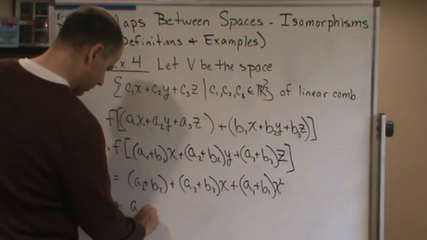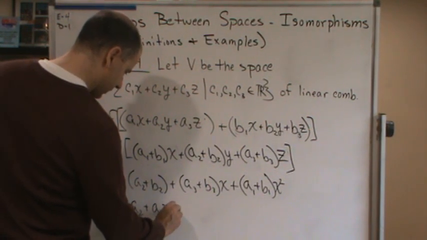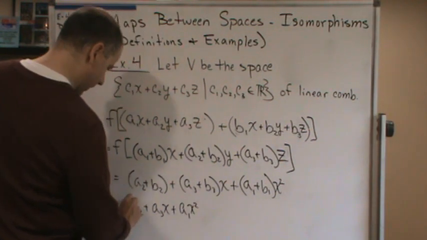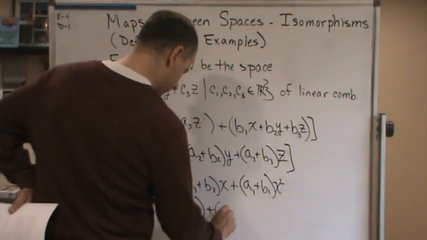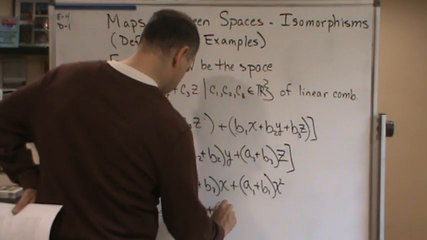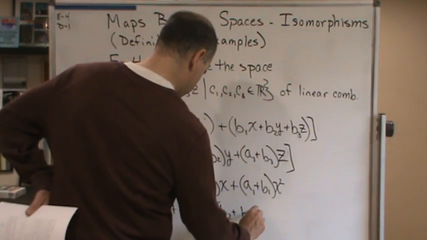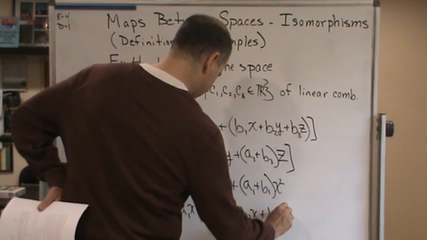a2 plus a3x plus a1x squared, right? Plus b2 plus b3x plus b1x squared.